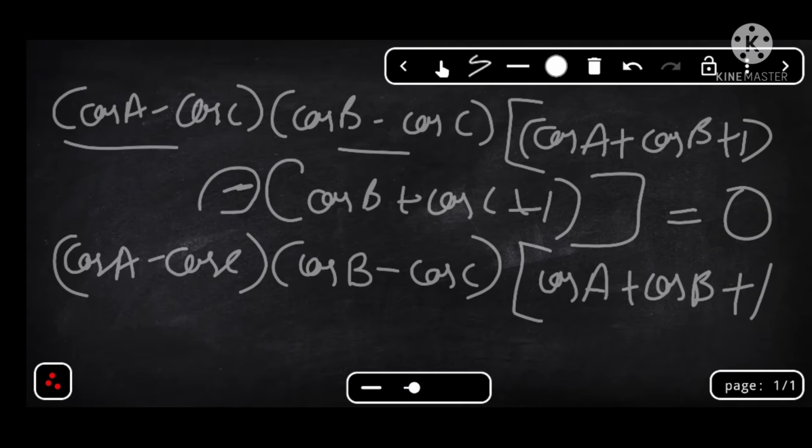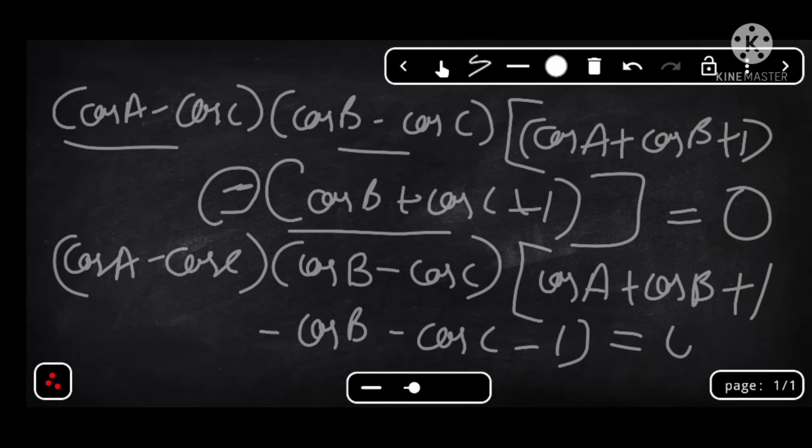Now if we take this negative inside, it will be minus cos B minus cos C minus 1, equal to 0. I hope it is clear. Now what can we do next?